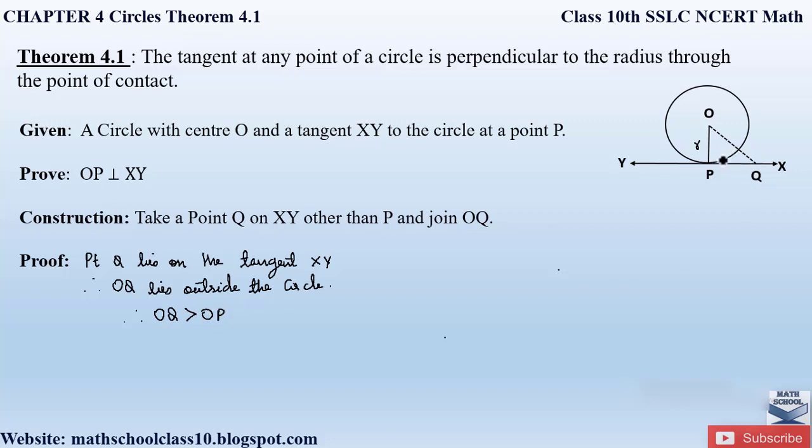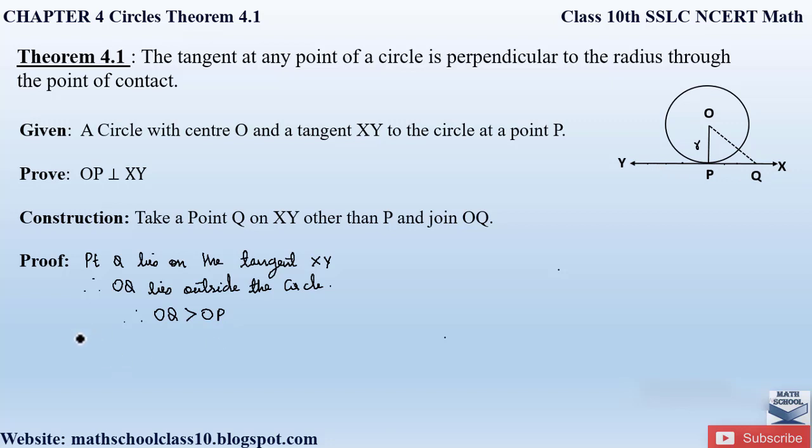Likewise, if you consider any other point on this tangent, here or here, anywhere on this tangent, and compare the distance between the center O to any other point and OP, we can always see that OP is the shortest distance when compared to any other point on the tangent.